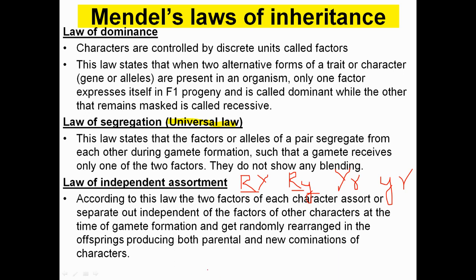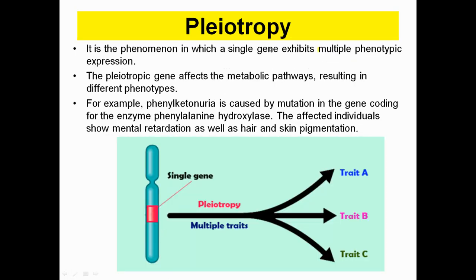Now comes the next part of this tutorial. Pleiotropy. Pleiotropy is a very, very important phenomenon where one single gene is going to control multiple characters or traits. Here, this is the location of a single gene and it's going to control three different traits.